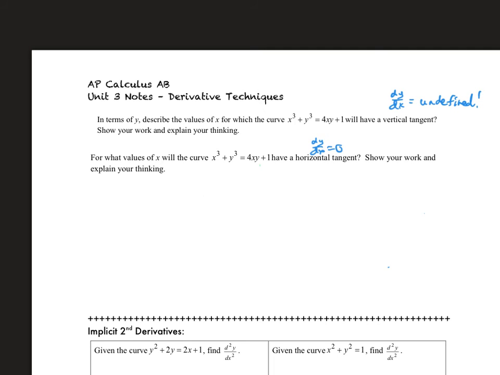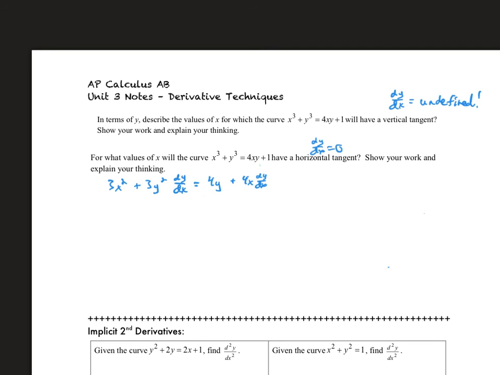So okay, so picking up on that, 3x squared plus 3y squared dy over dx. Okay, now we got a product rule situation on the right side. So it's going to be 4 times y plus 4x dy over dx.